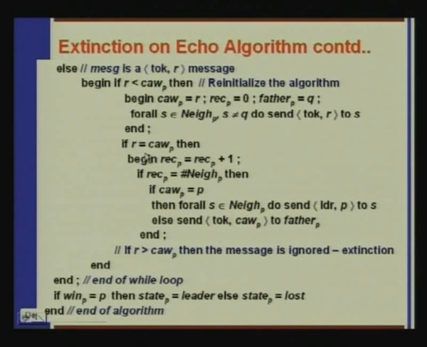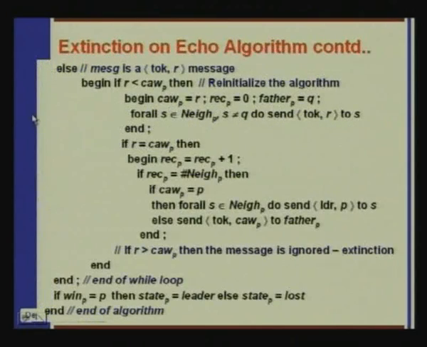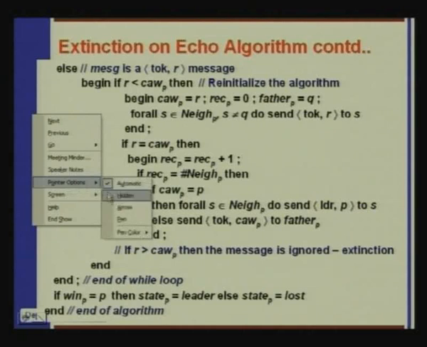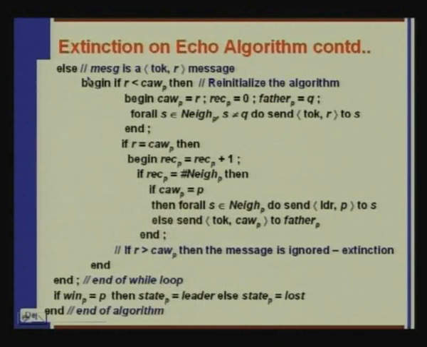Now, look at the second possibility. This is a possibility where, oops, just let me choose the pen once again. Okay, so this is the case where we have R is less than CAWP, right. Now, suppose if R is equal to CAWP, then this message is a message of the current wave, right.